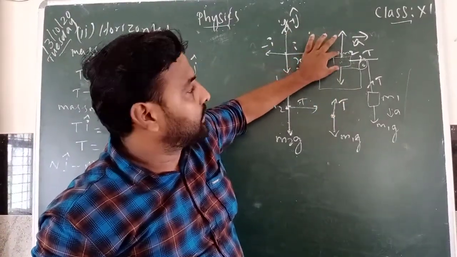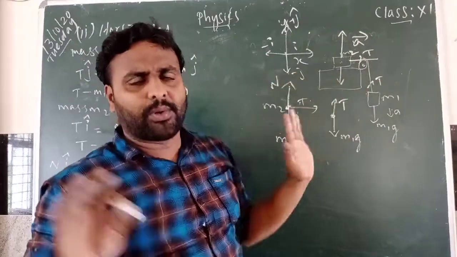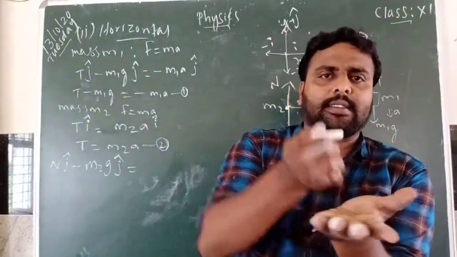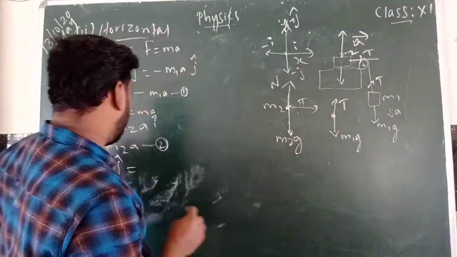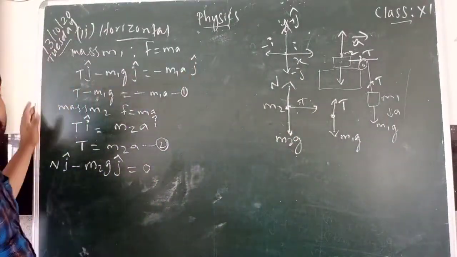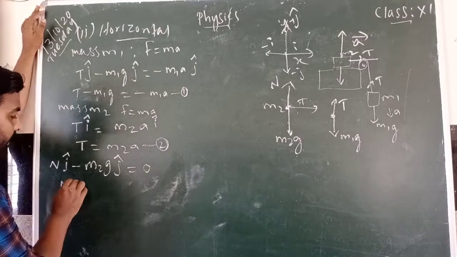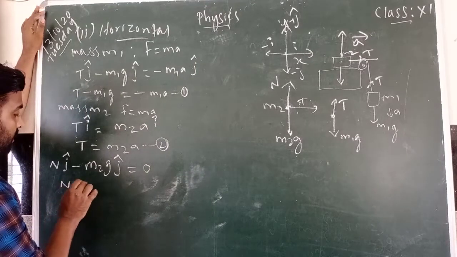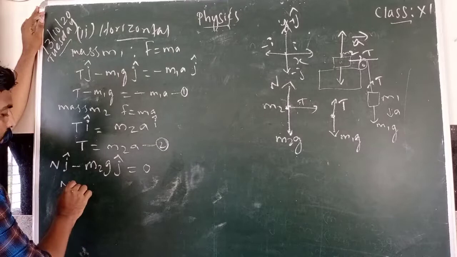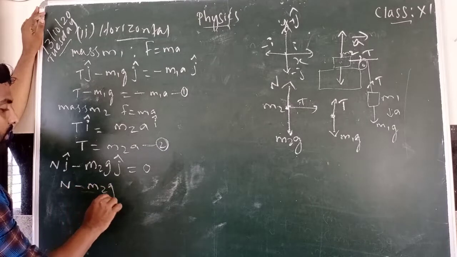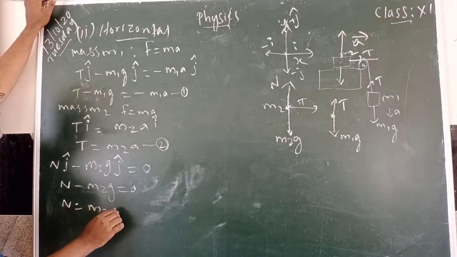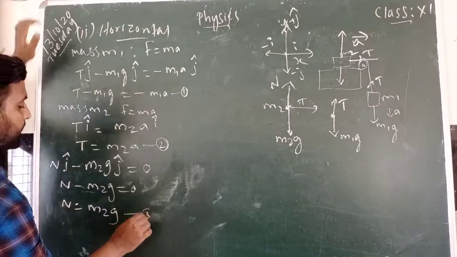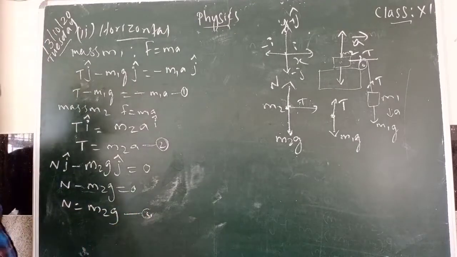Any object at rest has an upward force and a downward force but no acceleration, so acceleration is 0. Comparing the components, N minus M2G equals 0, so N is equal to M2G. Keep this as equation 3.